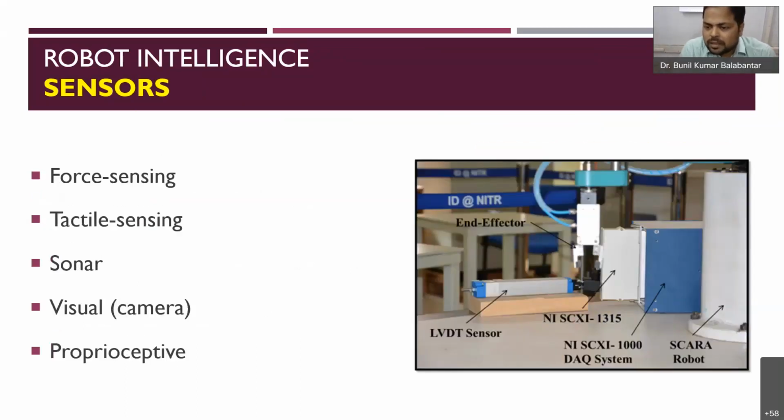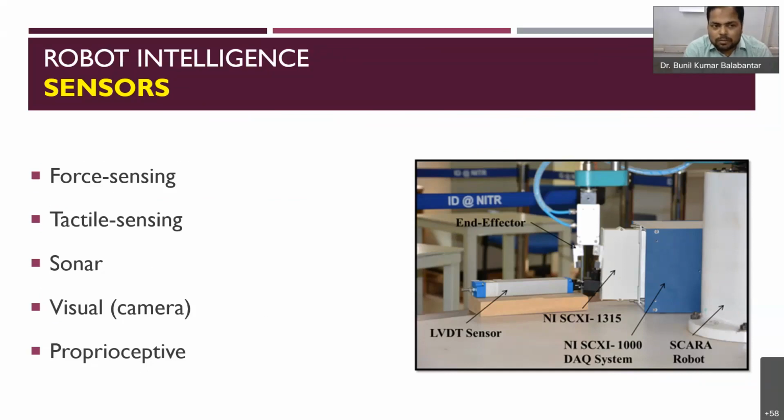See, this is one of the sensor integrations we did at NIT Meghalaya, where we have taken care of 5 varieties of sensors: force sensing, tactile sensing, sonar, visual, and proprioceptive sensing sensors we use.